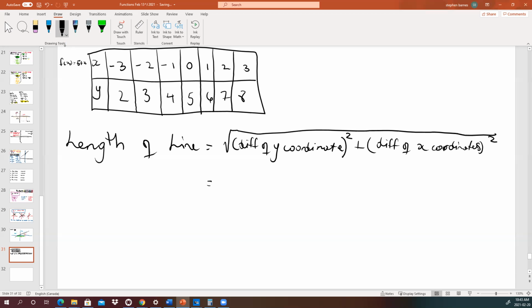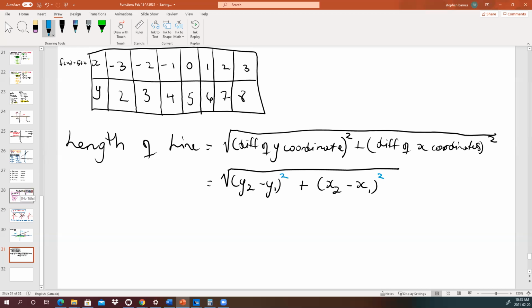So if you were to simplify that, it would be the root of (y2 minus y1, and don't forget the squared at the top) plus (x2 minus x1) squared. So this is how you would find the length of your line, right?